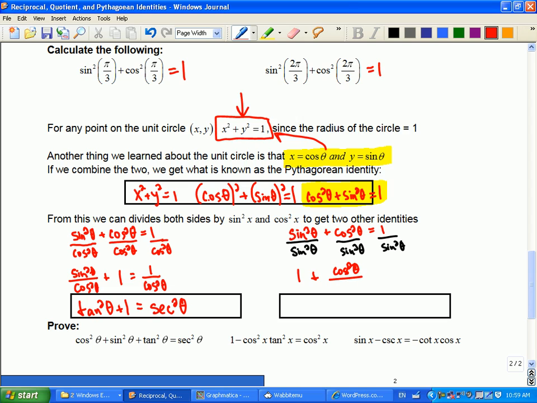I'm pushing too hard on the tablet this morning. And it'll give us the last of the identities that we're going to work with today. And the good news again is that this is provided to you. You won't have to memorize those identities, but these are the 3 Pythagorean identities here.